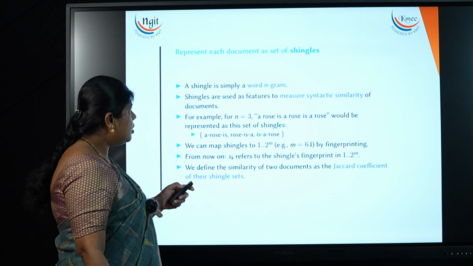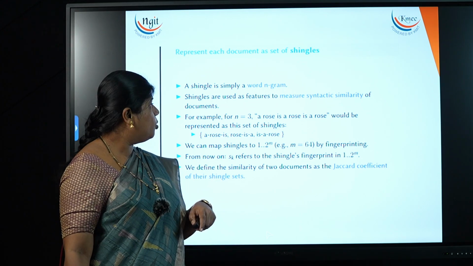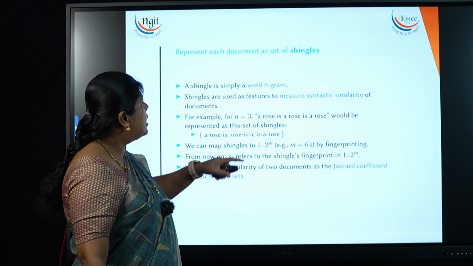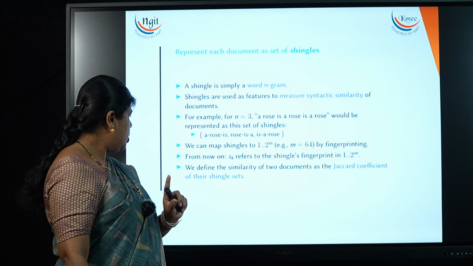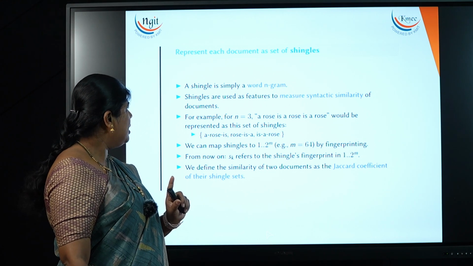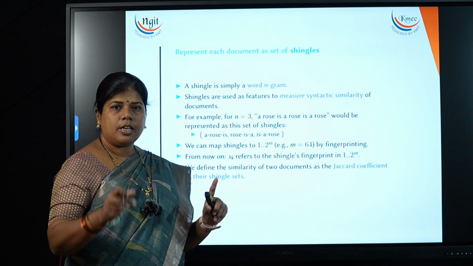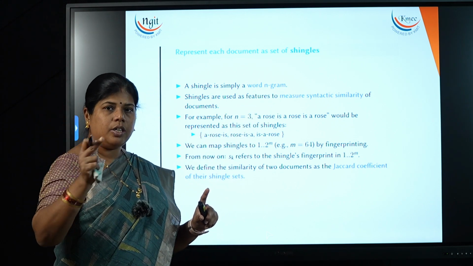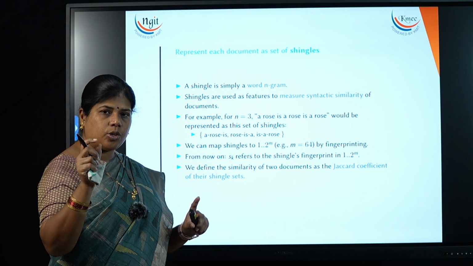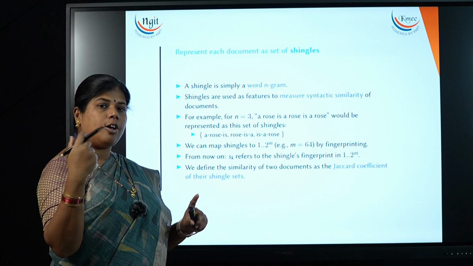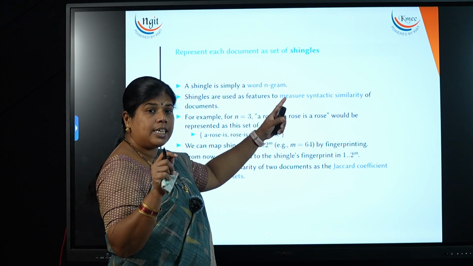Now, how can you find out that a particular document is a near duplicate? By using a set of shingles. What do we mean by shingles? A shingle is a word n-gram: whatever your text is, I divide it into tokens, and each token may contain one word or multiple words, so I call it an n-gram.